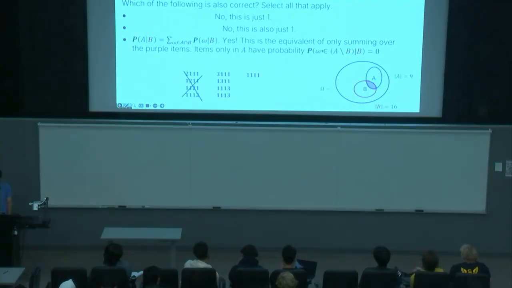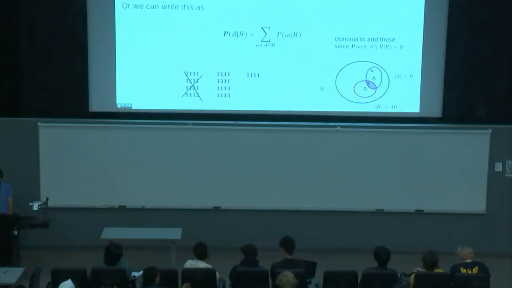So the probability of an event that is in A but not B, conditioned on B, is 0. So it's optional to add in these probabilities because they all have probability 0. You can write it this way, but this is a little more standard. But we're still not quite there. I'm basically getting us to the formula, definition 14.1.